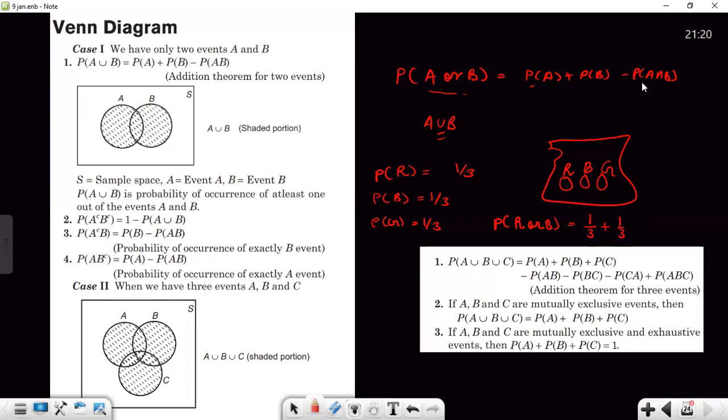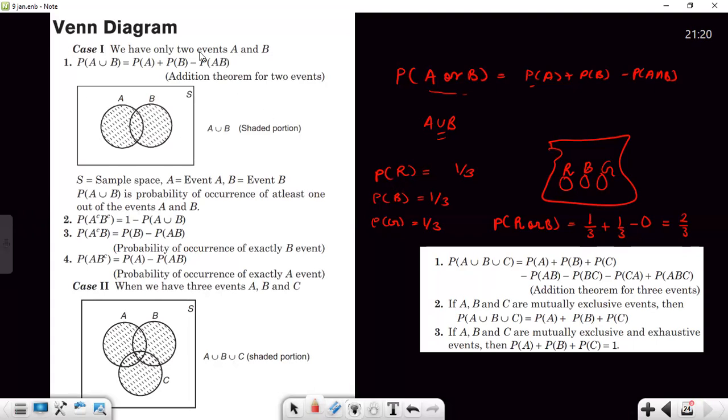Now we subtract the simultaneous happening of R and B, but that cannot happen because we are only getting one ball out. So that is minus 0. So 1 by 3 plus 1 by 3 makes 2 by 3. We can see the probability of getting a red ball or a blue ball is double the probability of getting a red ball uniquely. Clear? Yes, sir.